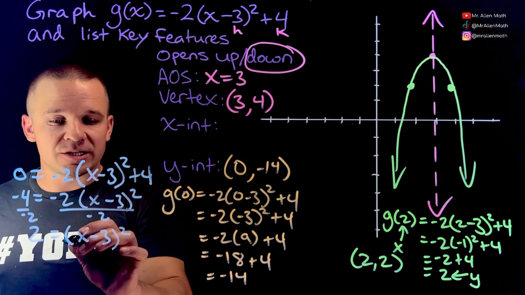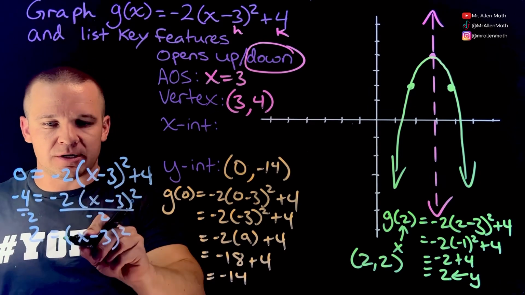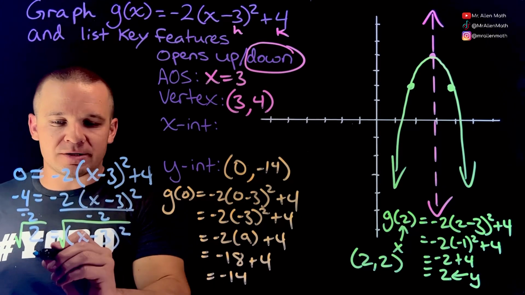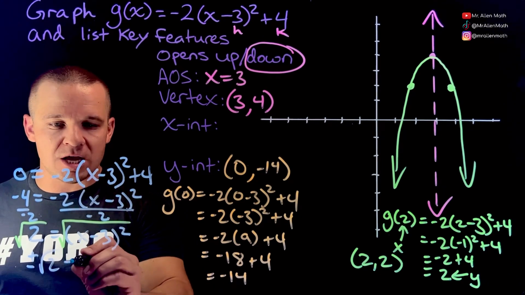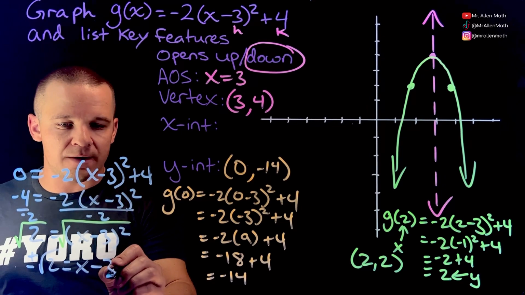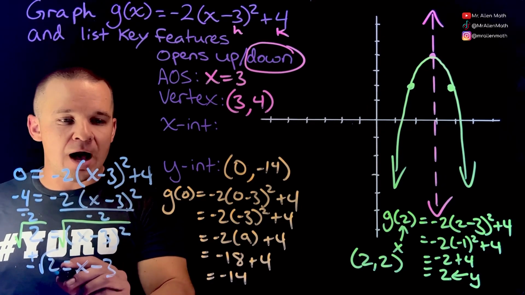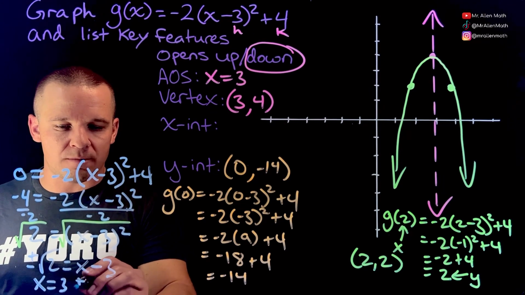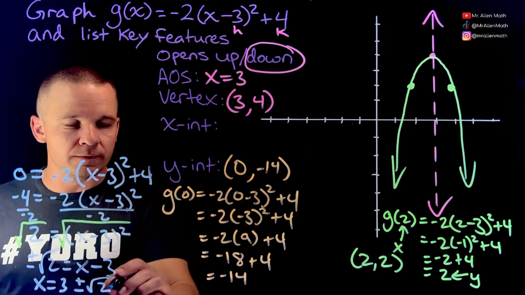Then I take the square root on both sides. I'll do that in a different color because why not? And I get plus or minus the square root of 2 equals x minus 3. And if I add 3, I'm going to get x equals 3 plus or minus the square root of 2.